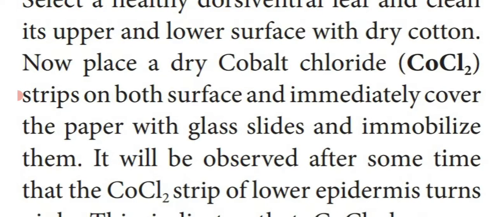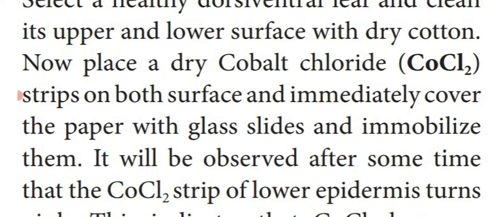So both the surfaces, upper and lower, we are attaching the cobalt chloride strip paper, and immediately the paper is covered with a glass slide to immobilize the paper. So that it does not slip, we have to fix the glass slide on both the sides or surfaces.